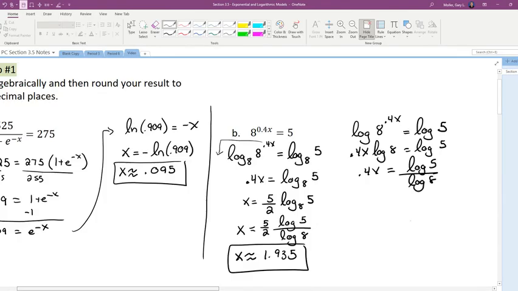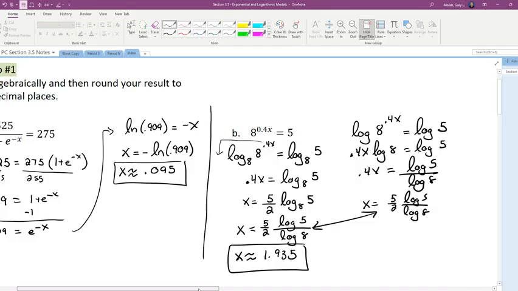And once again, divide by 0.4, which is 2/5. So I get x equals 5/2 log of 5 over log of 8, which is exactly what we have right here. So ultimately, it does not matter if you choose to do it one way or the other. It is your choice. And hopefully that makes sense.